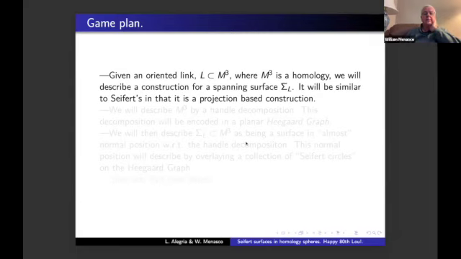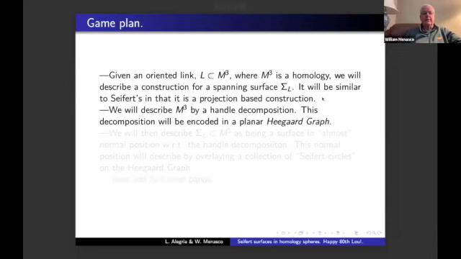I want to describe this construction of the spanning surface. You're given an oriented link, and I want to produce a spanning surface. I'm going to require that at some point I appeal to some projection-based construction where we do something similar to what Seifert did.